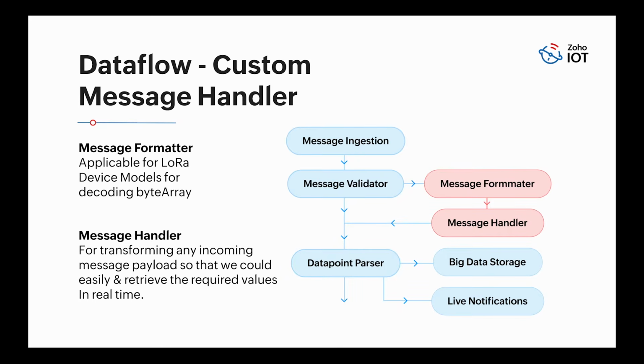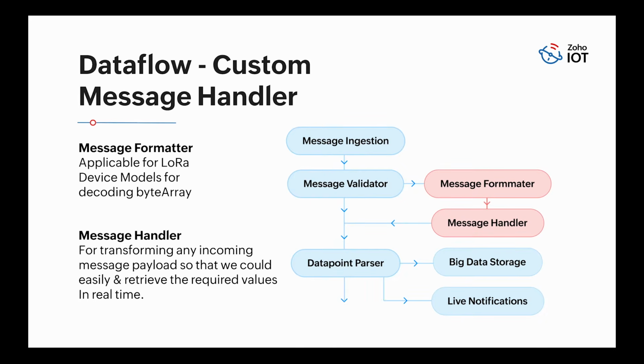For the supported products that you see in our product gallery, we already have predefined message formatters. For some use cases, you can also write a custom message formatter. That is an area where we open up a JavaScript editor where you can write the code. The next stage is the message handler.